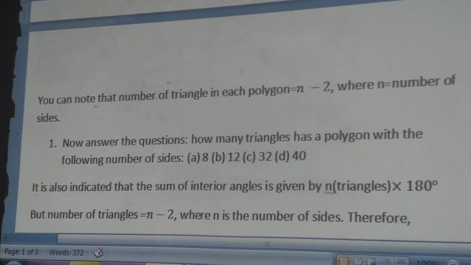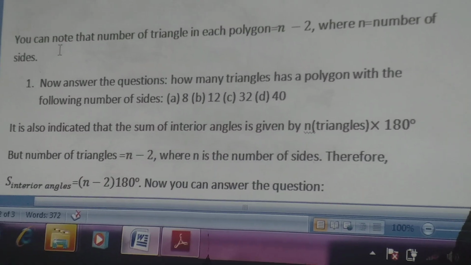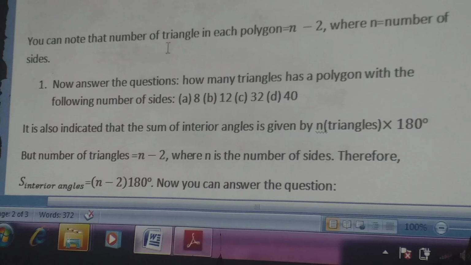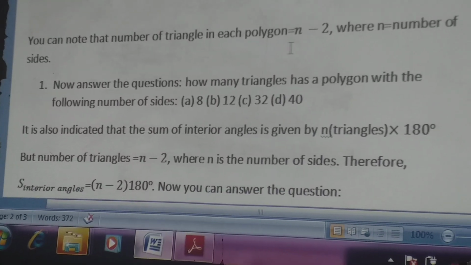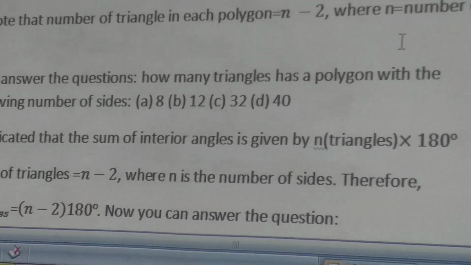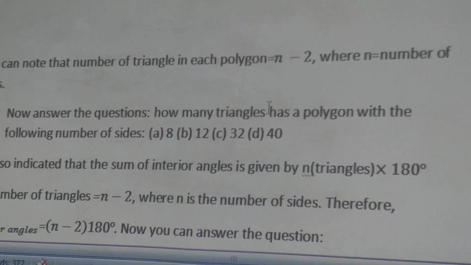You can note that the number of triangles in each polygon is equal to n minus 2, where n is the number of sides.